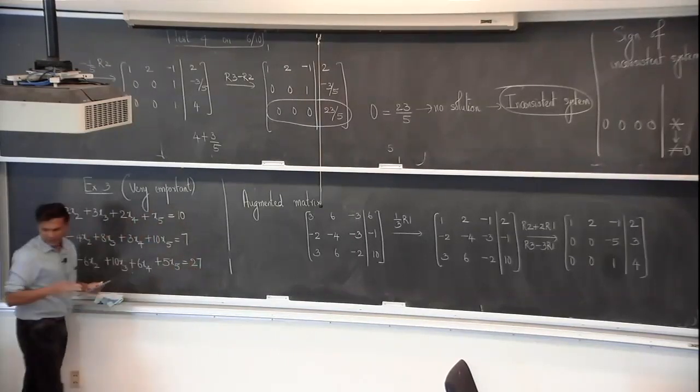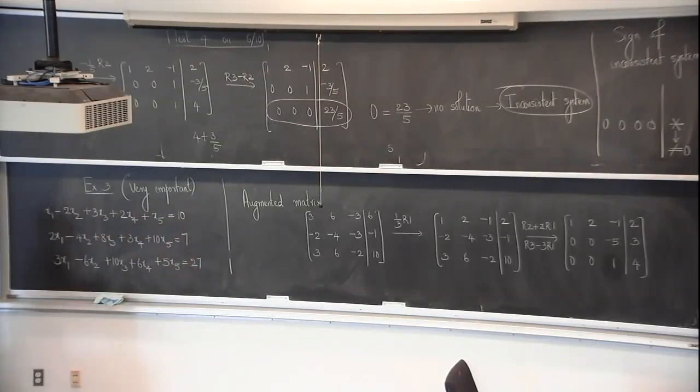So the example is very important, not because it has 5 variables, but for a different reason, which we'll be seeing.